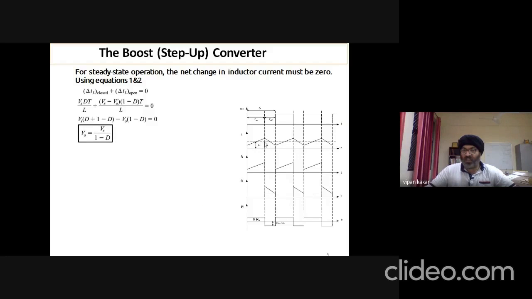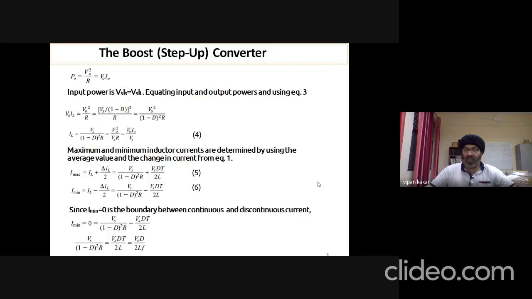So that will be the change in inductor current for ramping up, and that will be the change in current for ramping down. So it is broken down into two halves. That's the similar case as we saw in the buck converter. So delta IL by half.